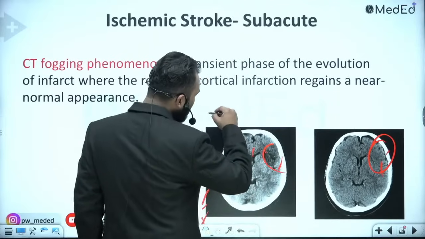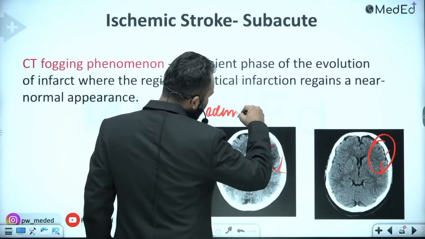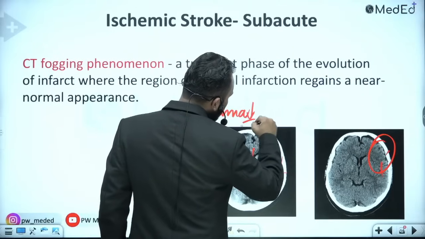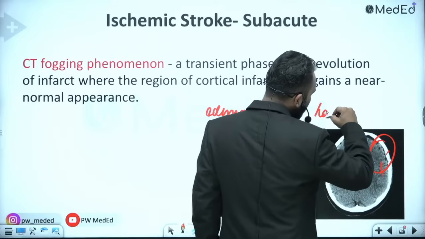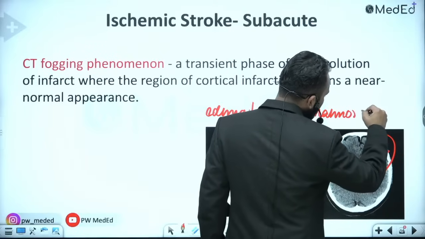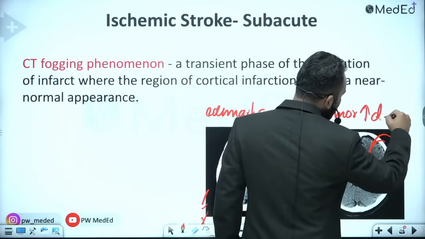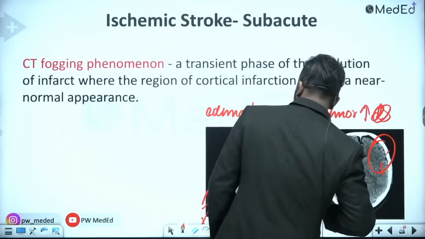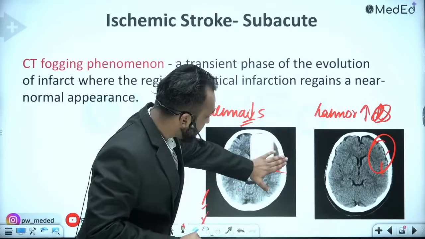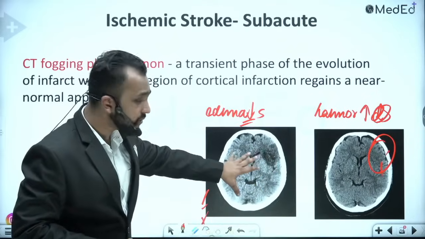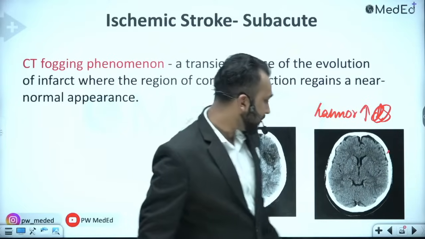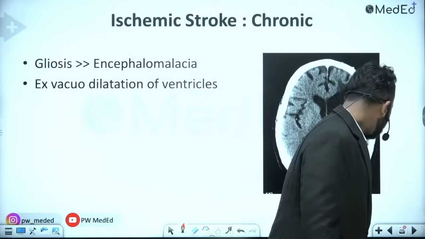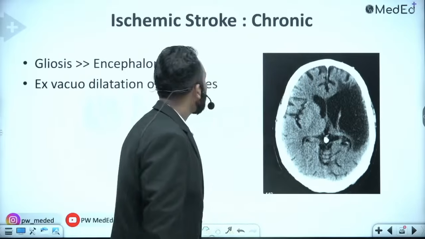This happens because edema decreases, and there is some hemorrhage within the infarct. Because of it, its density increases. So the infarct which was appearing hypodense in the acute stage starts appearing like the normal brain parenchyma, and this is your subacute infarct.